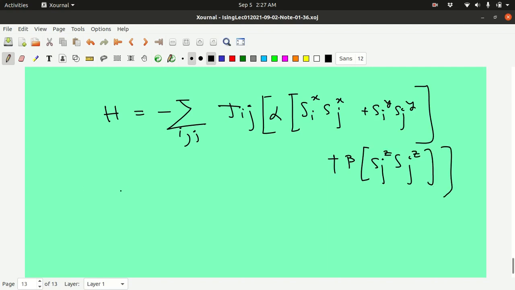Now there are several possibilities. If alpha equal to beta equal to 1, then it is called the Heisenberg model that I was talking about at that time.